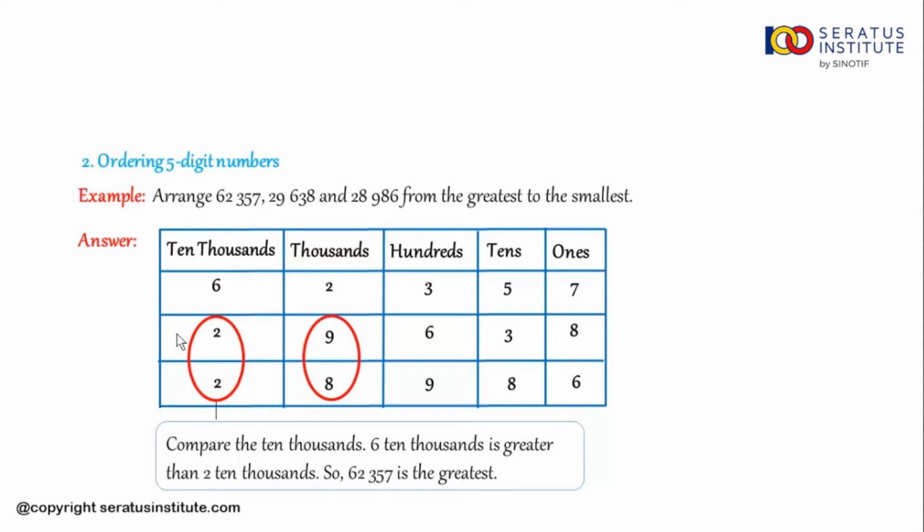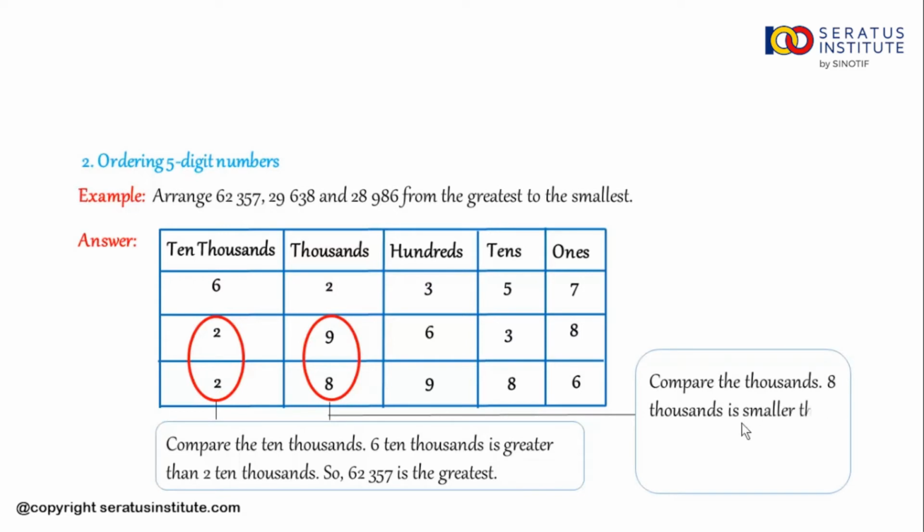If the digits in the 10,000s are the same, we go straight to the next digit, that is thousands. We compare the thousands. There are 8 thousands and 9 thousands, which means 8 thousands is smaller than 9 thousands.